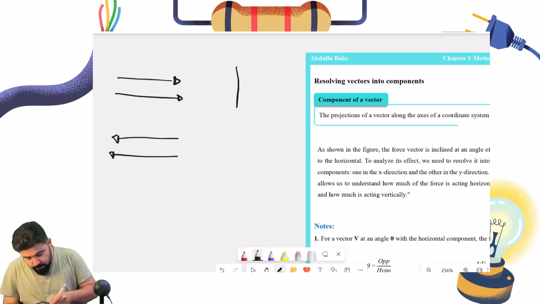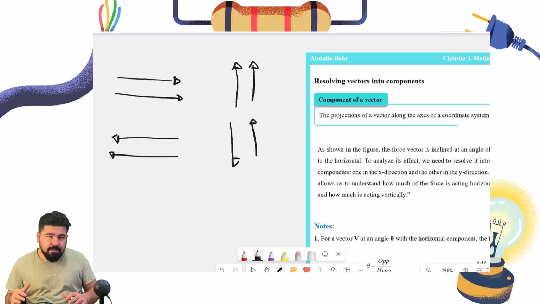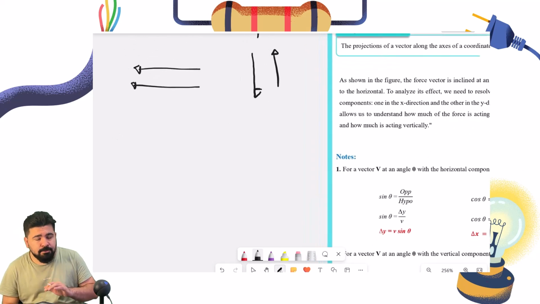It doesn't matter. We learned that we should add them together and we can find the resultant vector. This is when we have two parallel vectors, with no angle between them.